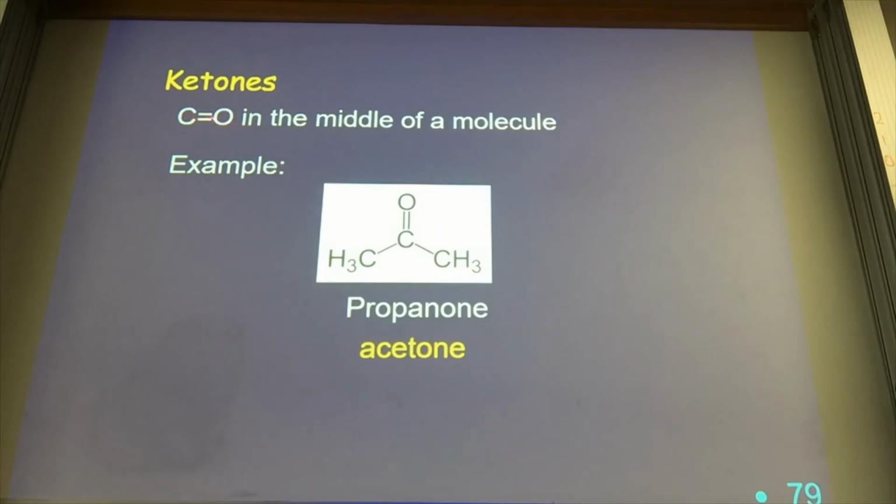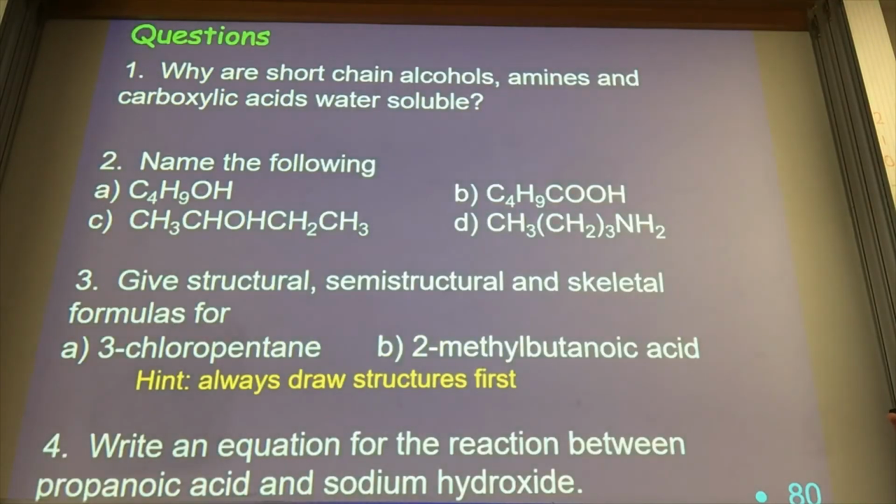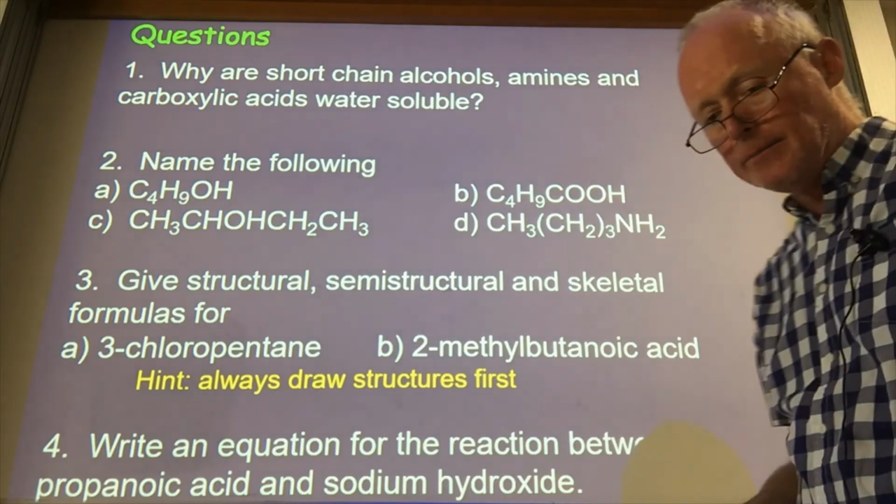Ketones, the carbonyl group is in the middle of the molecule, so we would call this propanone. If we're outside of the chemistry classroom, it's called acetone. Nail polish remover and a common organic solvent. Okay, have a go at these questions, submit your answers, and you will get the solutions.